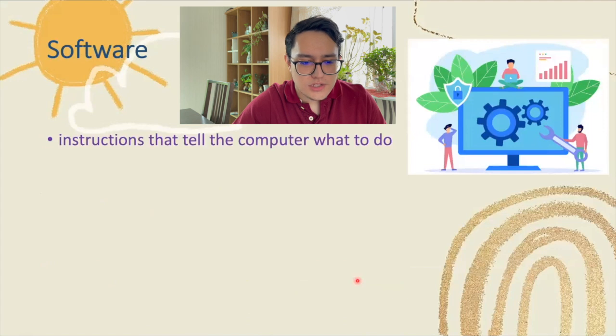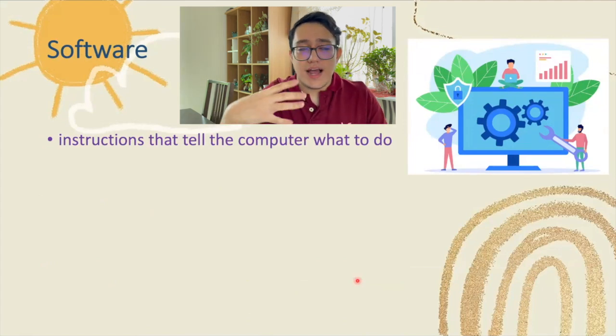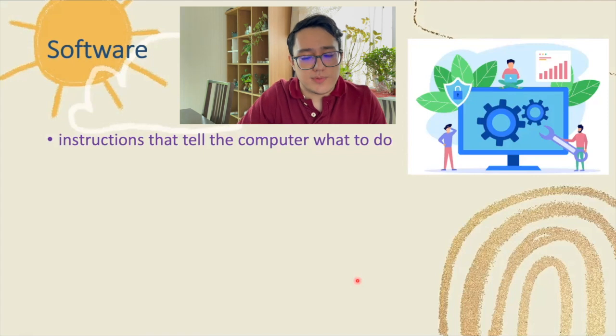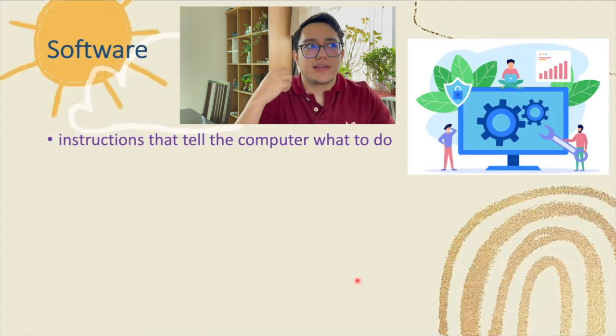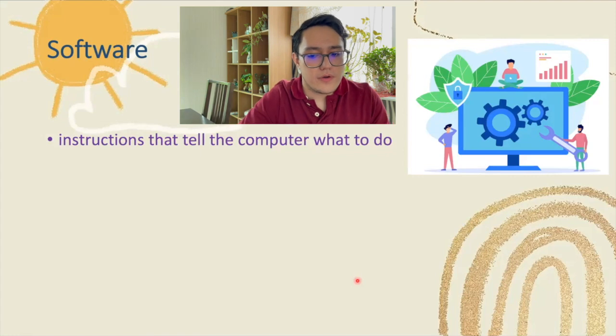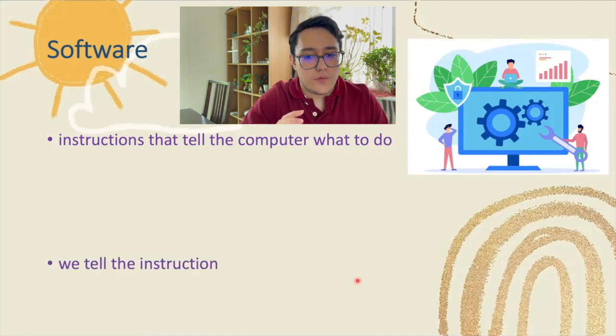Software. What is software? Software is the instructions that tell the computer what to do. That's the easy way to explain it. Software gets the order from you and gives it to the hardware so it can run.